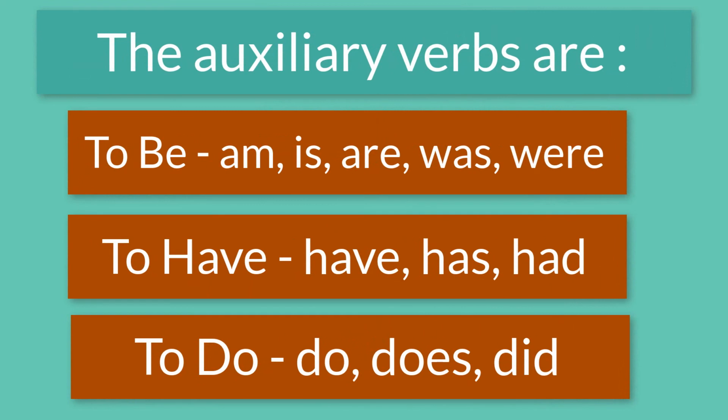The auxiliary verbs are to be verbs am, is, are, was, were; to have verbs have, has, had; to do verbs do, does, did. These be verbs, have verbs and do verbs can be used as main verbs also.